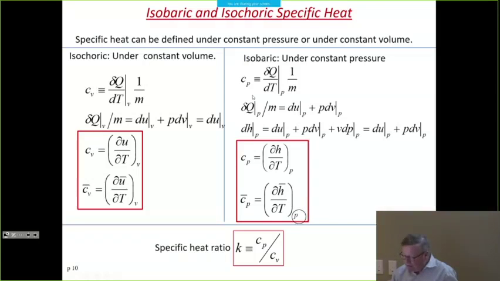It is very important to define whether you are under constant volume or constant pressure for your partial derivatives that result in specific heats that are quite different in general. In fact, the ratio of the specific heat under constant pressure to the specific heat under constant volume is called the specific heat ratio, K, and we will use K all the time. It's a very practical matter.